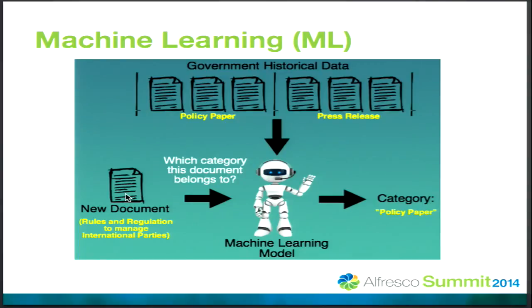Once we have the model and provide a new document to it, it will infer the category. In this case, we give a document on rules and regulations to manage international parties, and the model will decide that the category is policy paper.